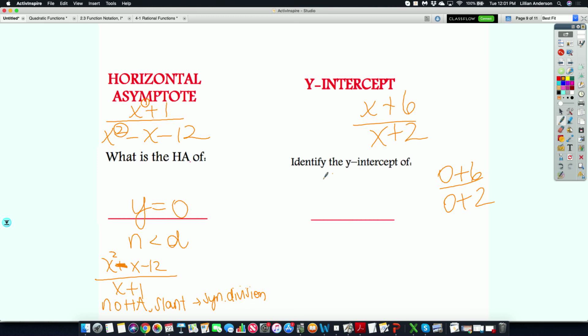So then we'll have a point: (0, 3). Very good. Are we all right? Lots of information.